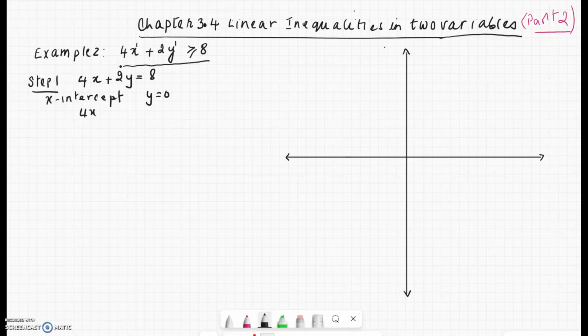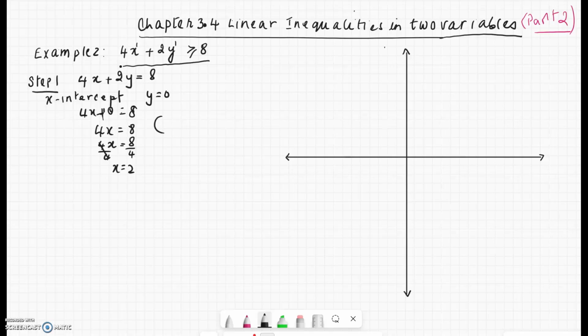So 4x plus 0 equals 8. 4x equals 8. Dividing both sides by 4, you get x equals 2.